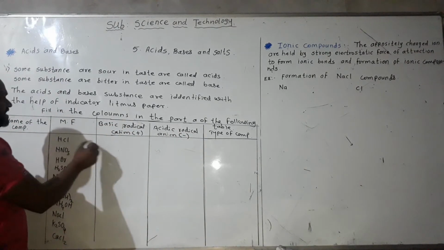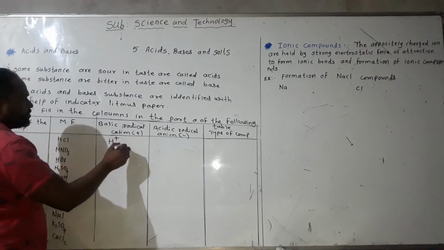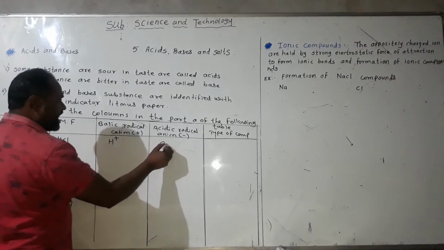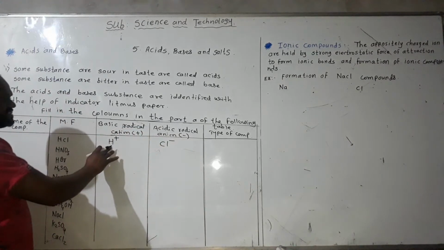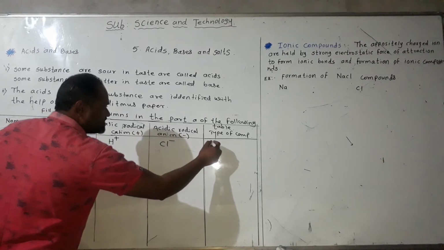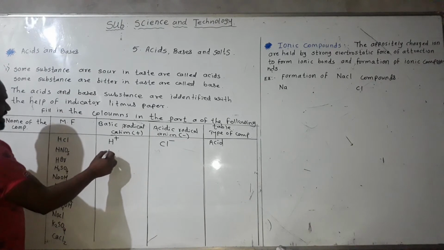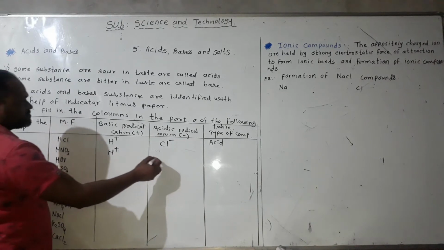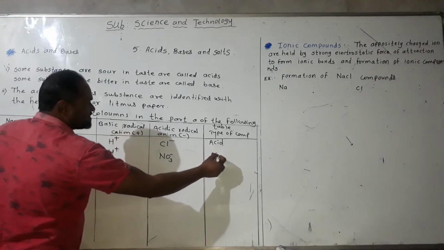Now HCl is poured into water and dissociates to give H plus ion and Cl minus ion. So the basic radical is H plus and the acidic radical is Cl minus, and the type of compound is acid. Now HNO3 is nitric acid, giving H plus and NO3 minus ions; it is also an acid.